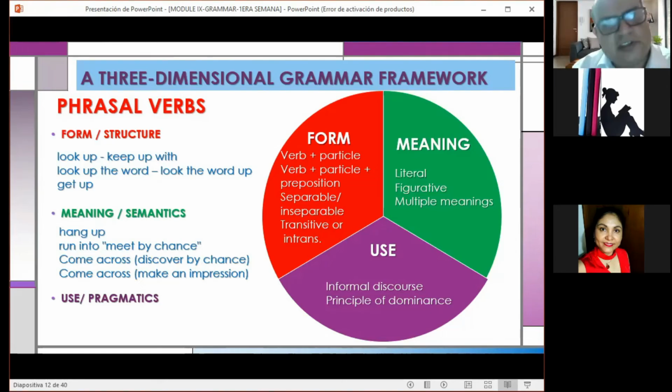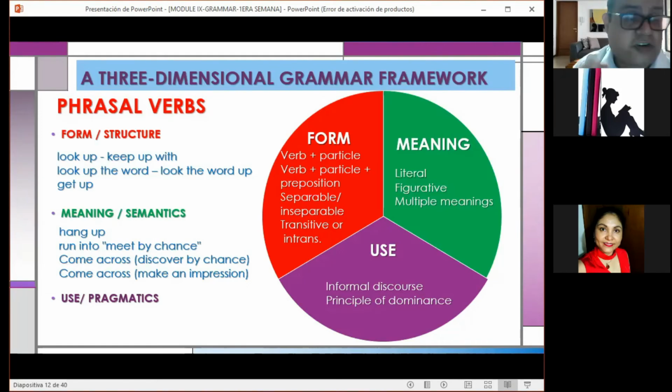No, hang up. So it means that you have to hang these things up. So it has a literal meaning. So you can recognize it easily. But most of them, and this is the tricky part here, most of these phrasal verbs change the original meaning of the verb. That's why we could say figurative meaning.